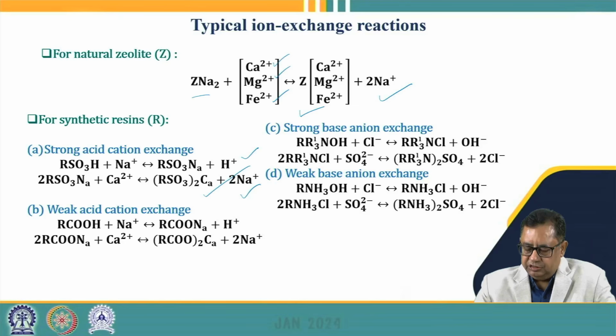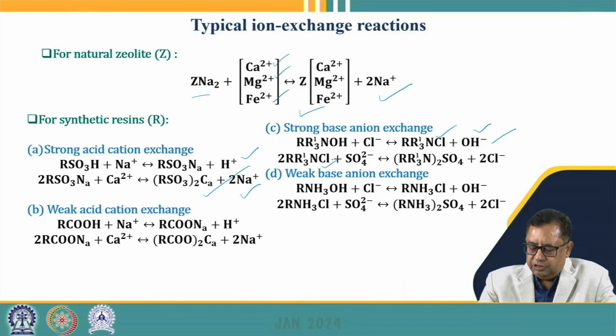For example, we can see the strong base anion exchange resin. So here also OH minus ions can be replaced by chloride ions, and chloride ions will go onto the resin, and OH minus ions will go into the solution. Whereas when this resin, which has been exchanged by the chloride ions, comes in contact with sulfate ions, sulfate ions will replace the chloride ions and go onto the resin, and the chloride ions will go into the solution.